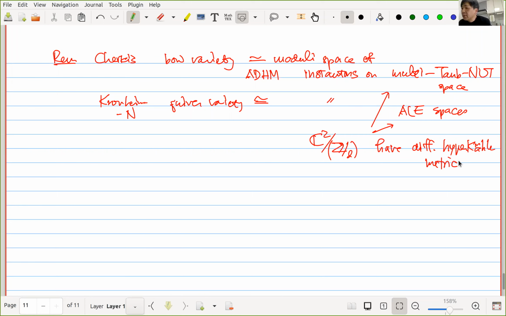That's the reason why Bow varieties are more general than quiver varieties. And I don't have a physical explanation, but it seems for various dualities, Taub-NUT space appears more naturally than ALE spaces. So that's the reason why probably we can see this level-rank duality for Bow varieties, but we cannot see the level-rank duality in quiver varieties. That's my understanding of why we have this main result today for Bow varieties.